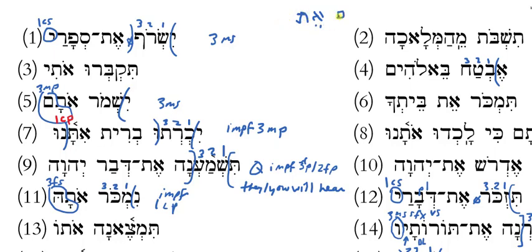This could be the direct object marker, or it can be the preposition that means with. Okay? I can't tell the difference between those two. When I put the makaf after it, the sere becomes a segol. Et becomes et. All right? But there's still no pronominal suffix attached. So these are both potentially the same thing. They could mark the direct object or they could be the preposition with.